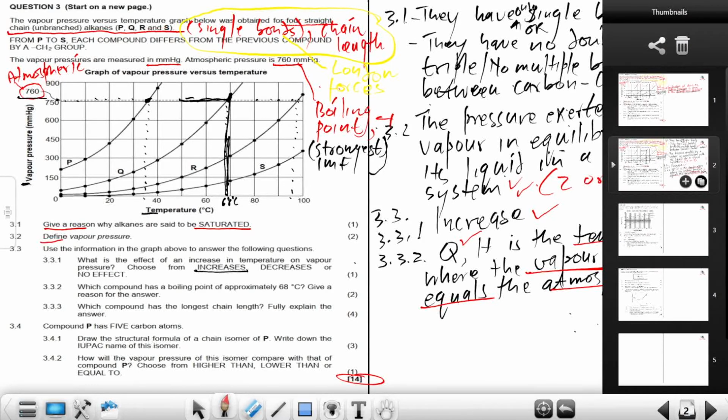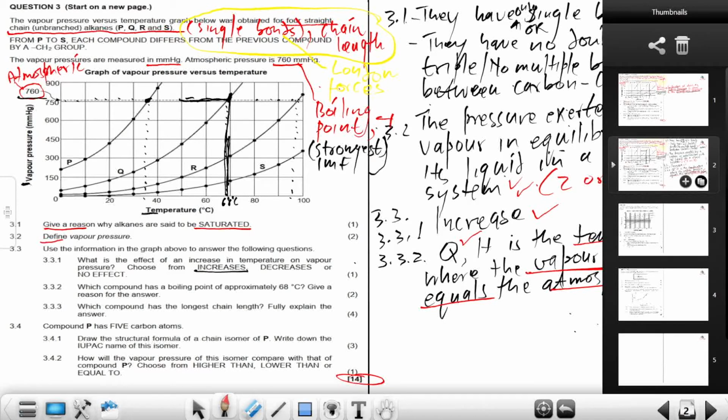So if you check this question, already we are comparing alkanes, and when we compare alkanes, we said we either look into the chain length as well as the number of branching, because the homologous series is the same throughout.